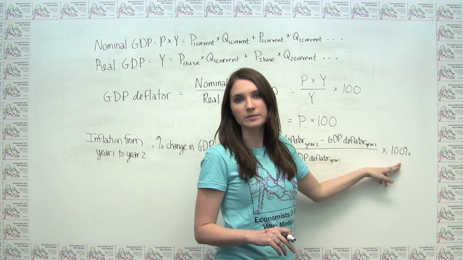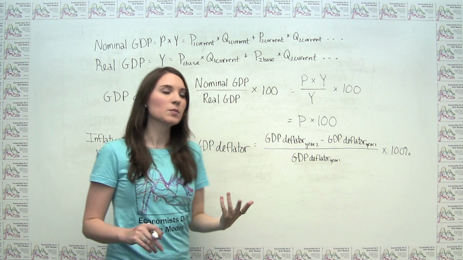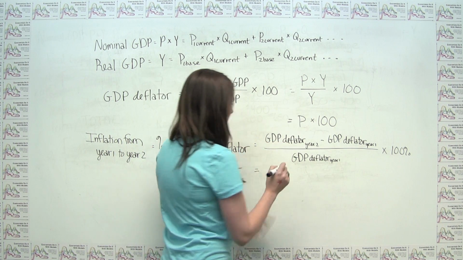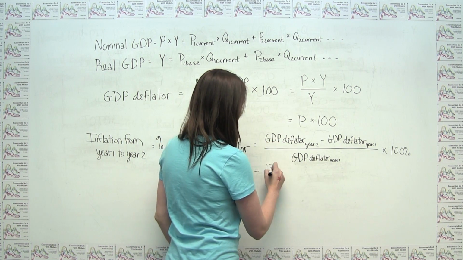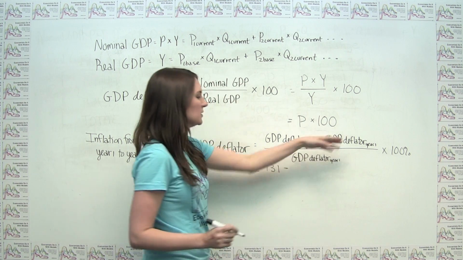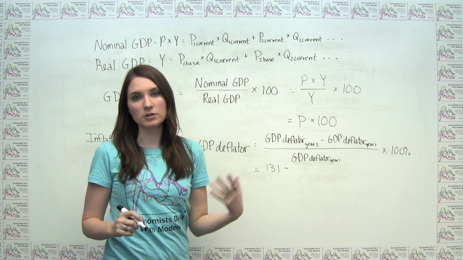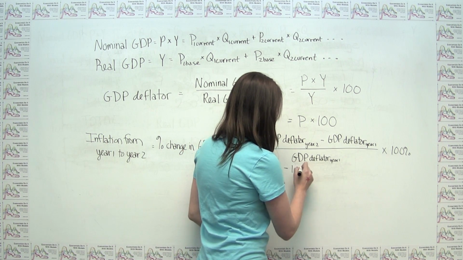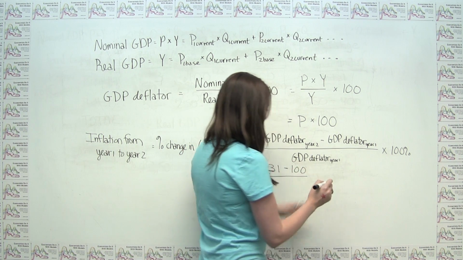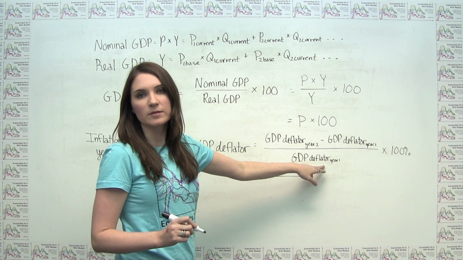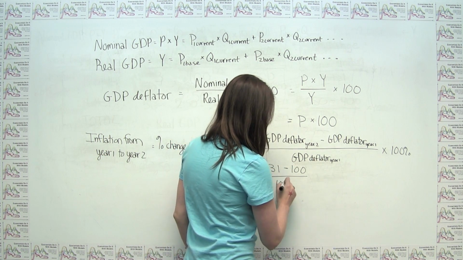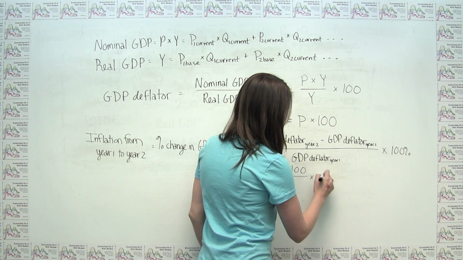So taking the example that we've been working with, the GDP deflator in year 2 was about 131. The GDP deflator in year 1, or 2011, was by definition 100 because it was the base year. So we divide again by that base year GDP deflator, which is 100, and then multiply by 100%.